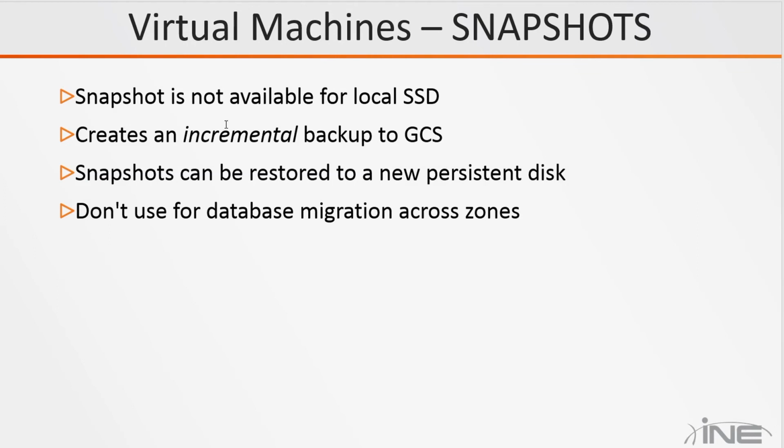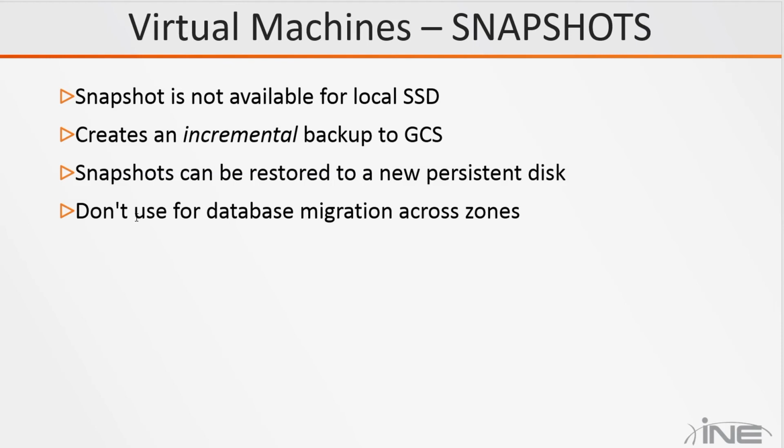Snapshots. Now you create a snapshot for many different reasons, but generally you want to create a snapshot for keeping a point in time recovery. It creates an incremental backup to GCS, and you can restore those snapshots back to whatever machine you're taking that snapshot of, or restore it to another VM as well.